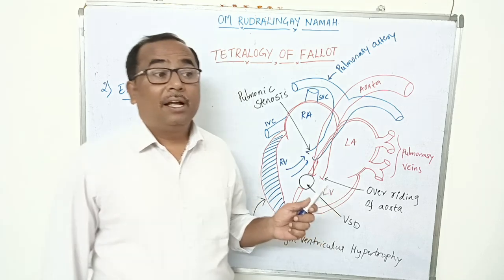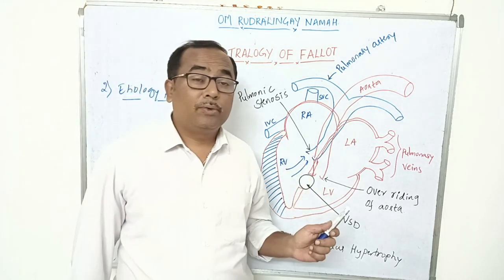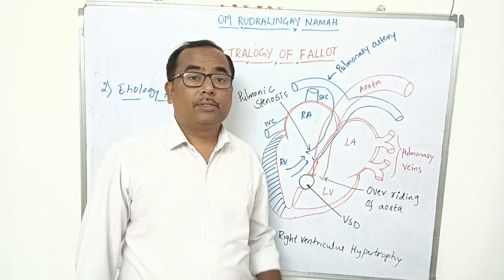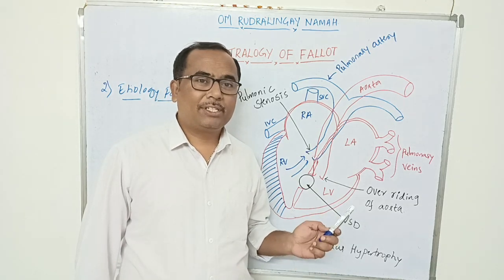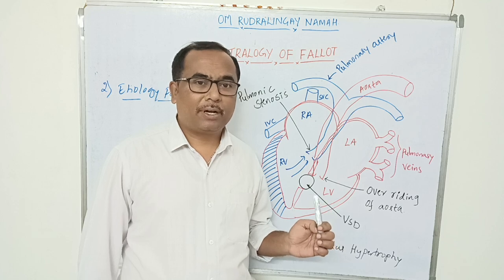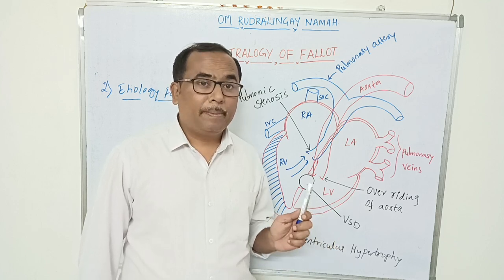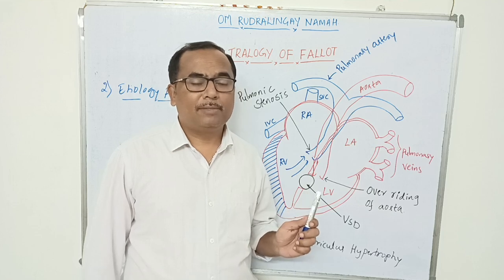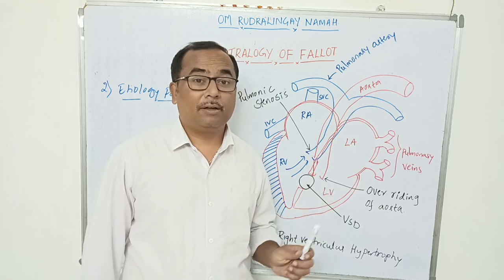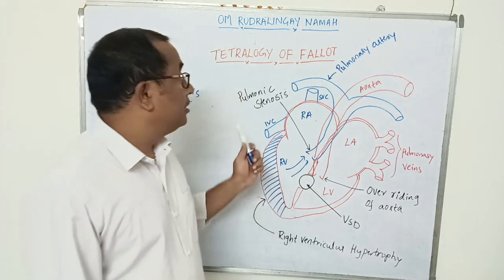Or if there is use of teratogenic drugs during the first trimester of pregnancy, or teratogenic infection during the first trimester of pregnancy. Or if the mother suffers from maternal insulin dependent diabetes mellitus, that is type 1 diabetes mellitus, that can be a contributing factor for development of tetralogy of Fallot.